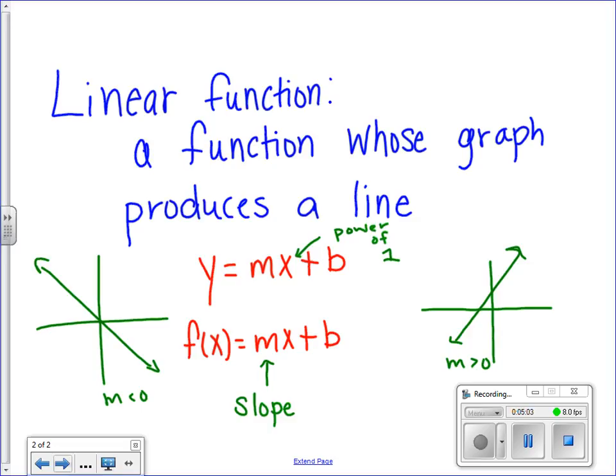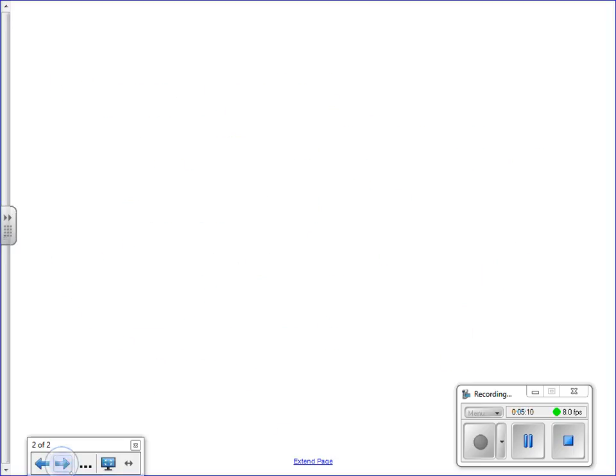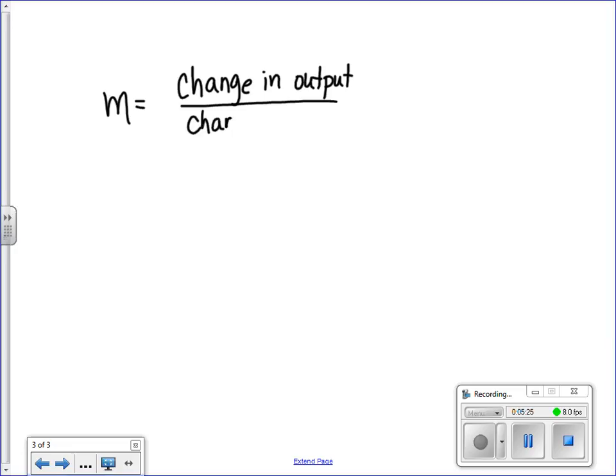Alright. Now, do you remember the slope formula? It's the change in the output over the change in the input.